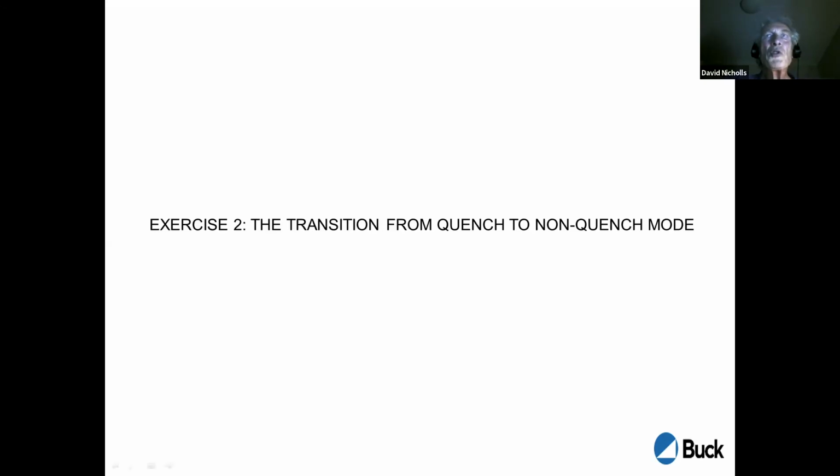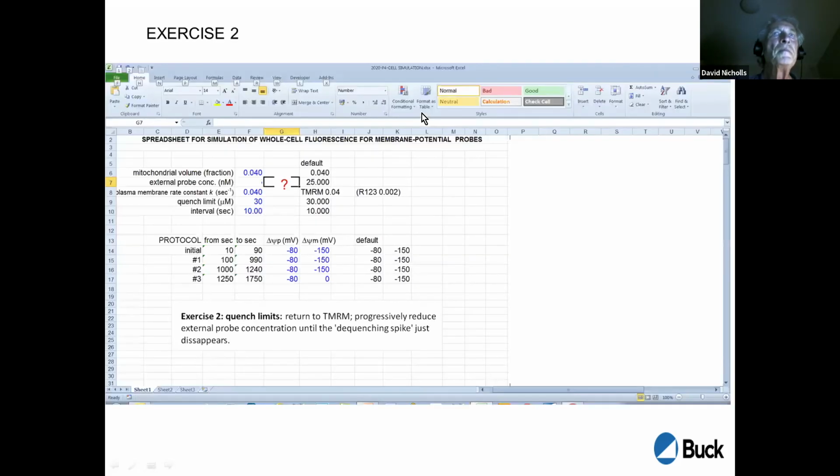So for the second problem, I want you to keep the mitochondrial membrane potential collapsed, which is number 3, keep the membrane potential at 0. We're going to work with TMRM, so set it to TMRM, 0.04 for the rate constant, and then progressively reduce the probe concentration from 25 nanomolar.